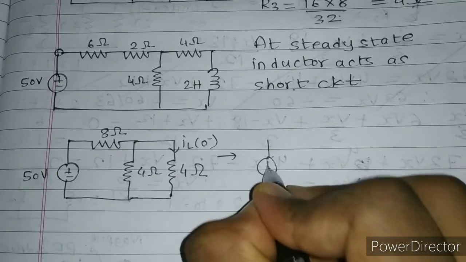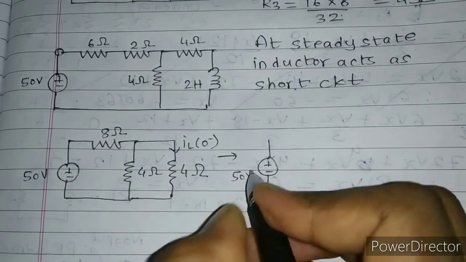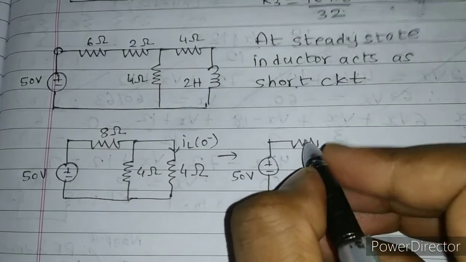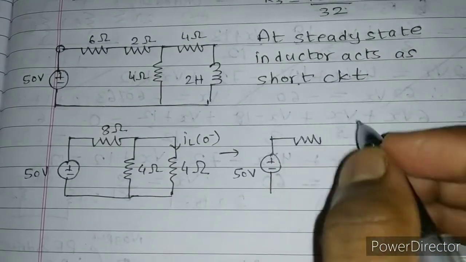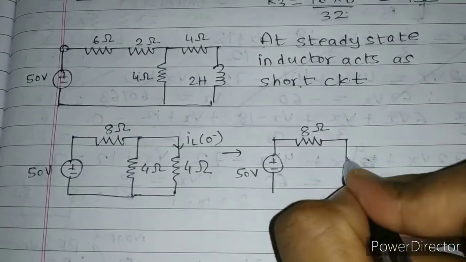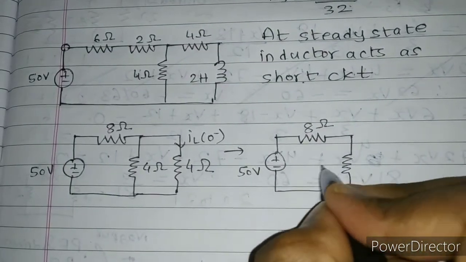So again the circuit is modified as shown: 50 volt source in series with 8 ohm resistor, which is in series with 2 ohm resistor, which is the parallel equivalent of 4 and 4.